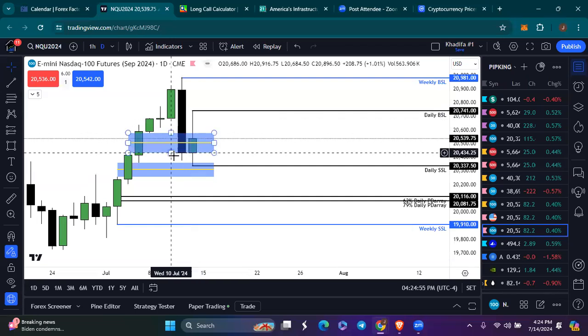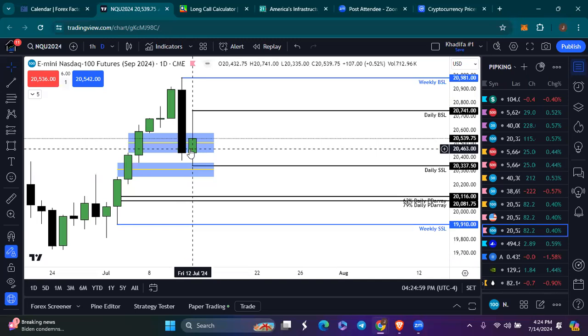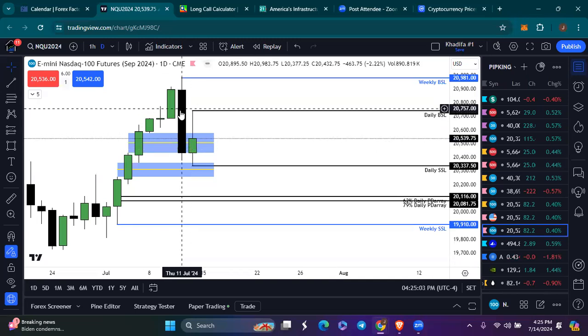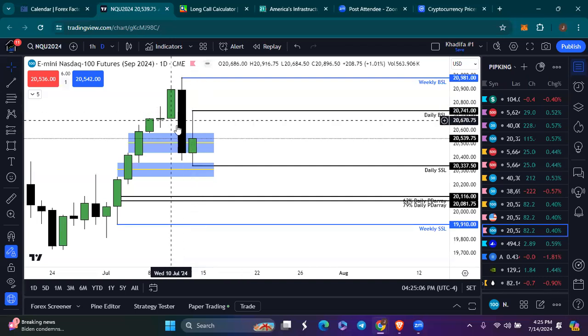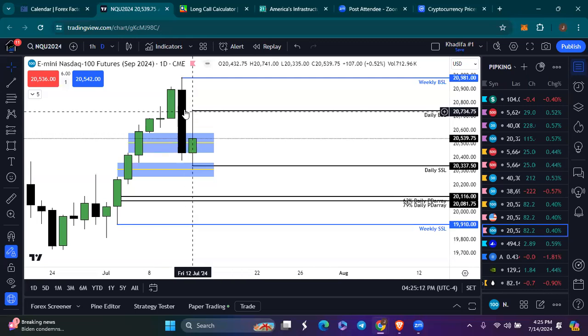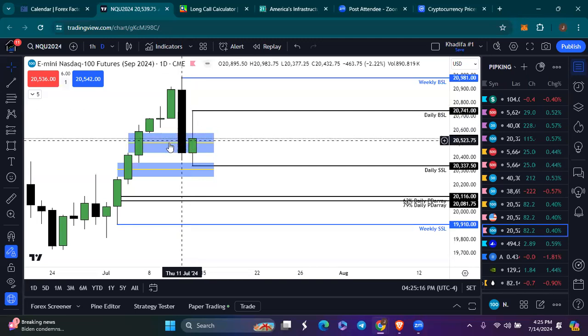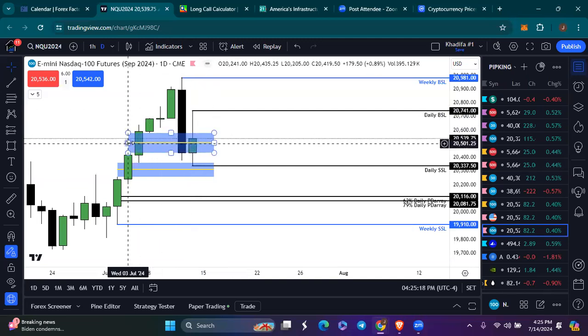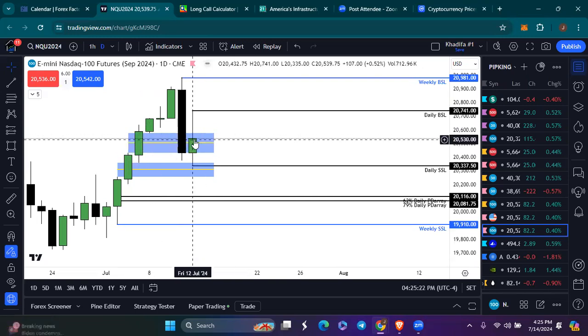Then Friday, price pulled back up into Thursday's premium discount array level, those premium array levels, and then we close right above the consequent encroachment of Friday's fair value gap.